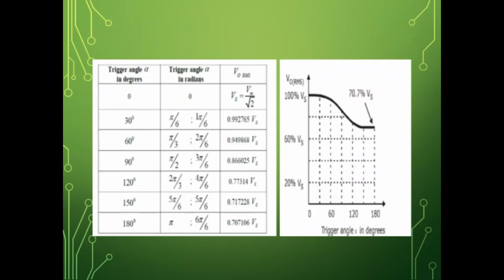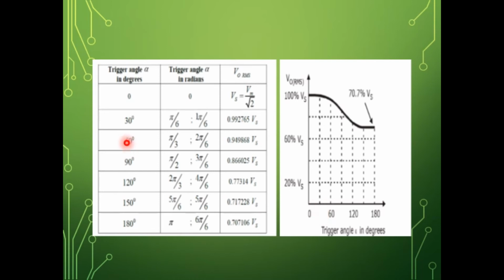If you observe here, it's a plot of triggering angle or firing angle alpha versus the RMS value of the output voltage. If you vary the firing angle from 0 to 180 degree, you can observe that the RMS voltage varies from 100% to 70%. So you cannot have an output voltage lower than 70%.